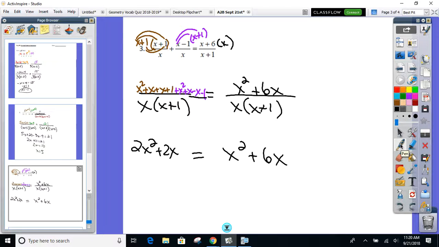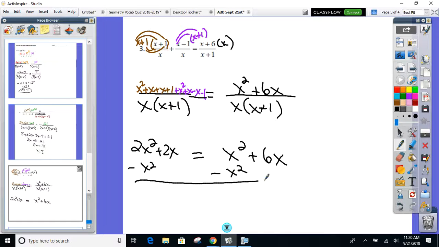All right, your move. Got to solve for x, right? So usually bring one side equal to 0. How do I get the x squared over? Subtract it. I'll do this step by step.